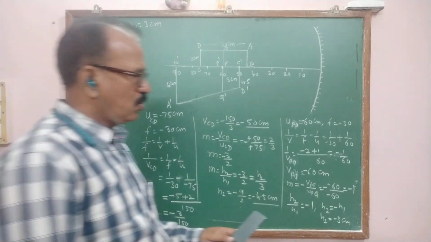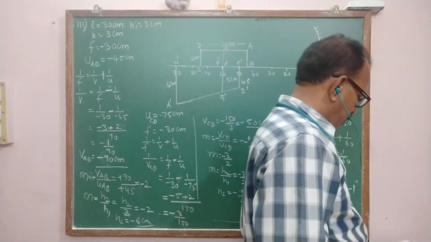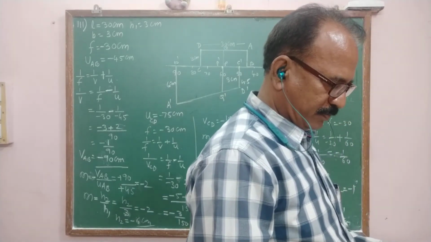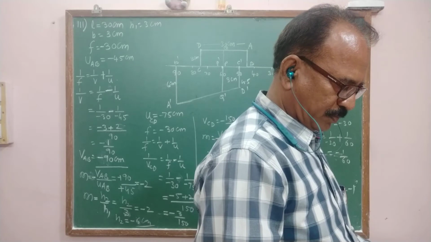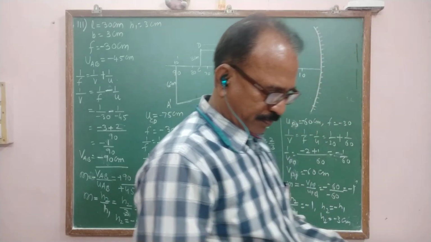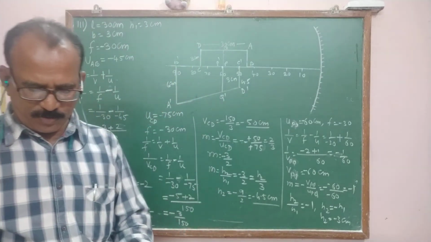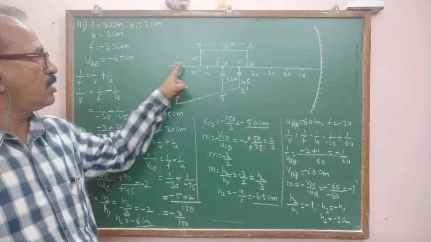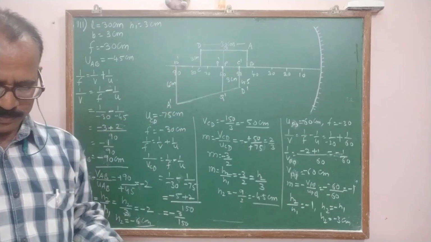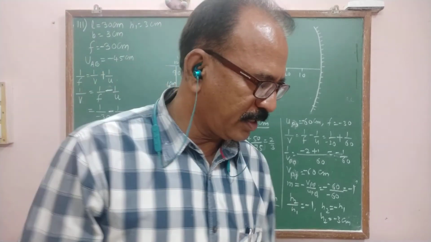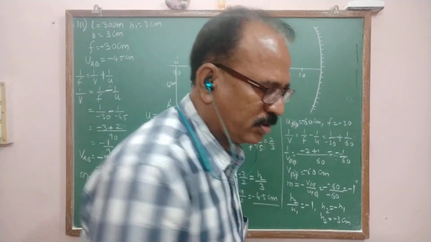Okay, so this is what is called problem number 2. Problem number 3. Inverted image starts from 50 centimeter, ends on 90 centimeter. Okay, so you see this one.